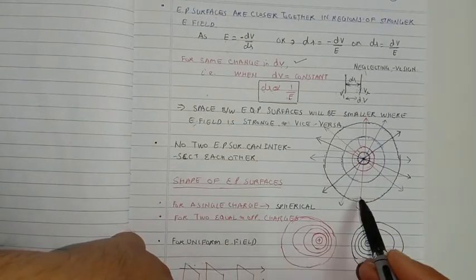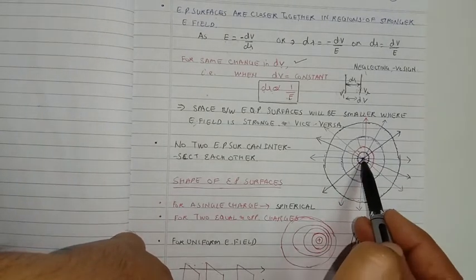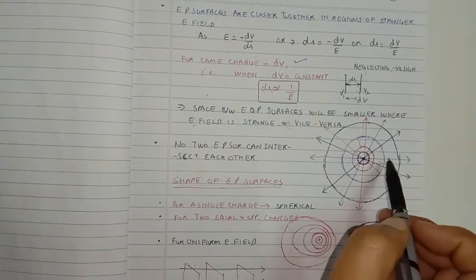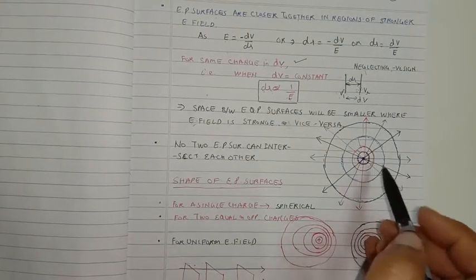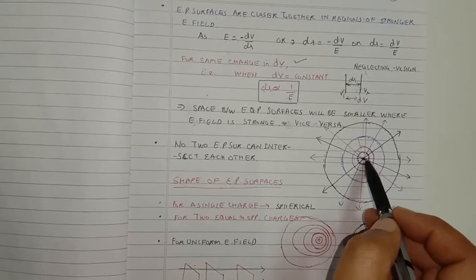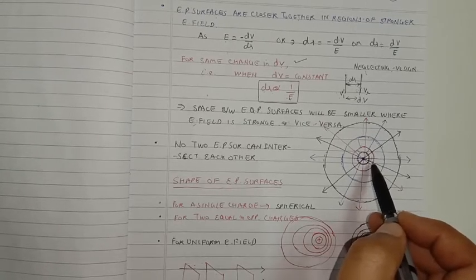These arrows indicate the electric field lines of the charge. So let us take a look at the electric field lines. Electric field lines near the charge are very close to each other, indicating stronger electric field regions.